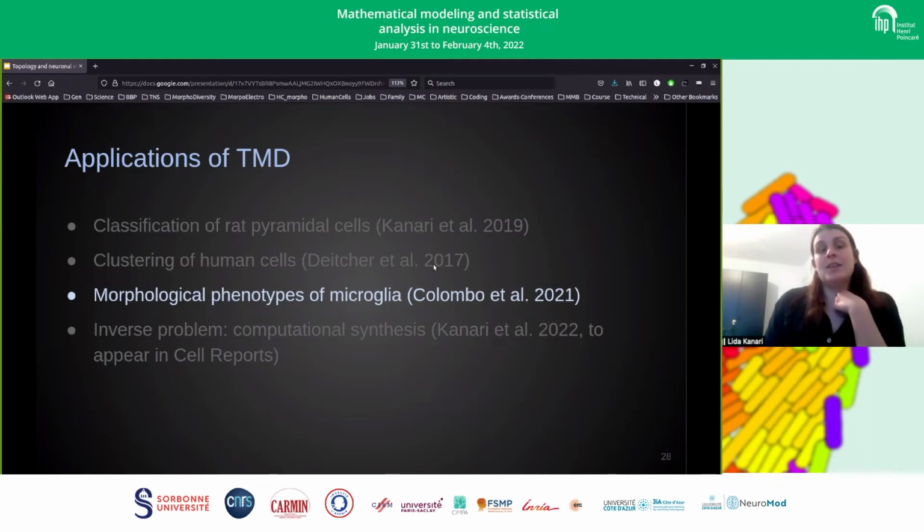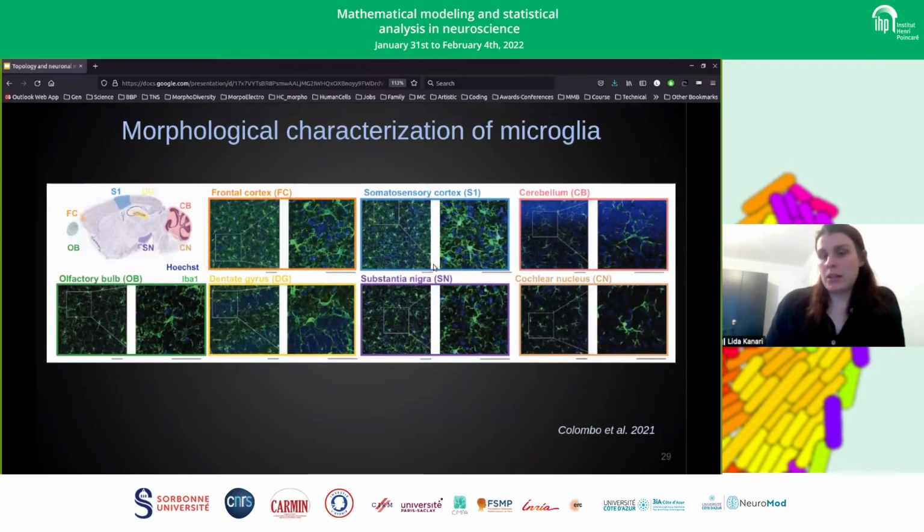Now I want to show you a new example of morphological phenotypes of microglia. Apart from the neurons, we have other cell types in the brain, and one of them is the microglia, which are related to disease and lesions in the brain and the metabolic paths that you have.